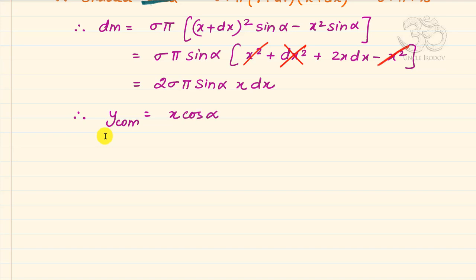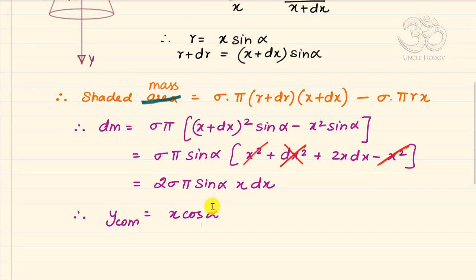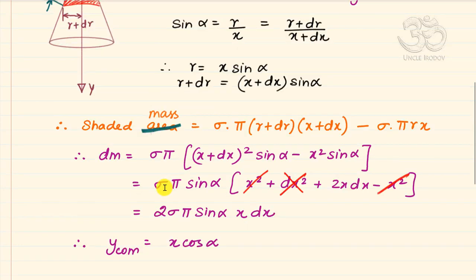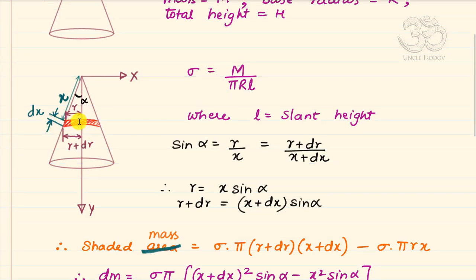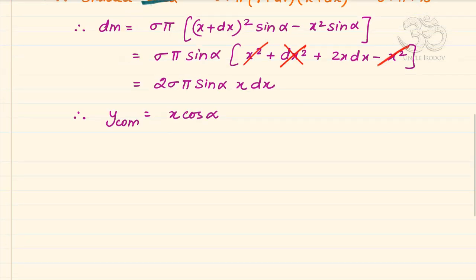And once you have got this information, you can easily find out the center of mass of this entire conical cap by integrating the y into dm terms for all such small rings, dividing them by the sum of all those masses.